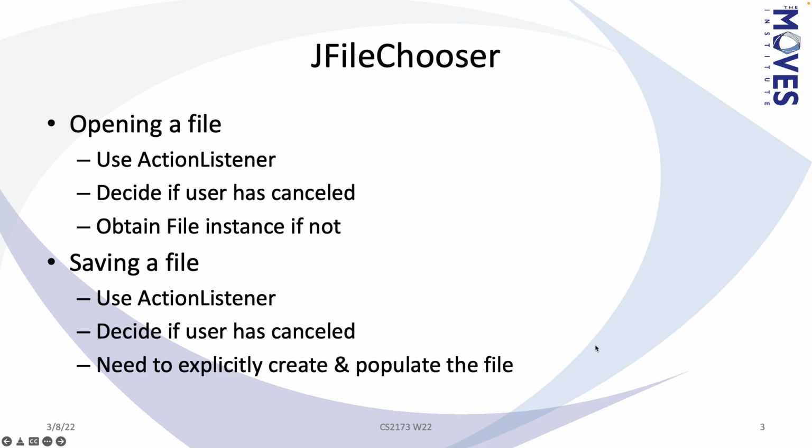And then the other thing is interacting with the file system. What most of you are probably used to when running an application is that if you want to open a file, you click something and then a little dialog pops up where you navigate to the file that you want.